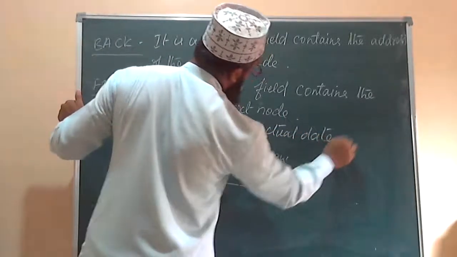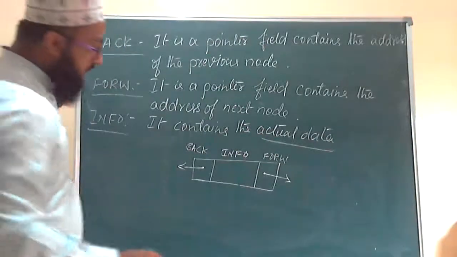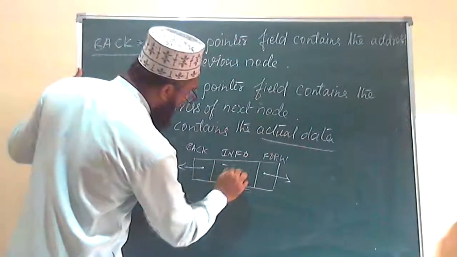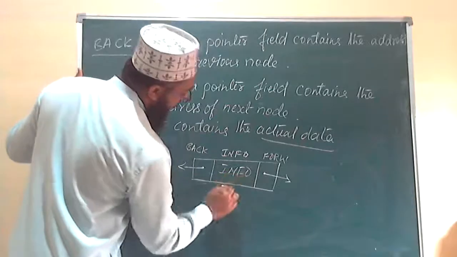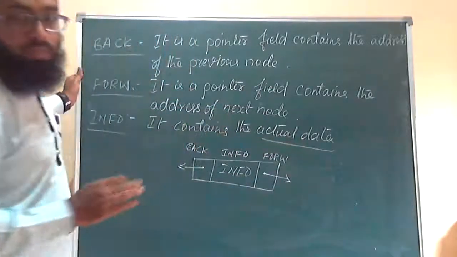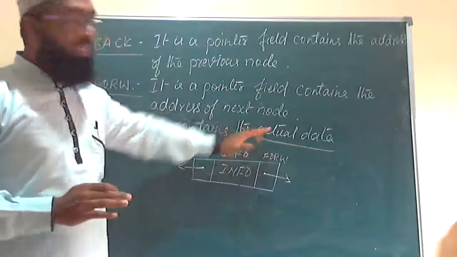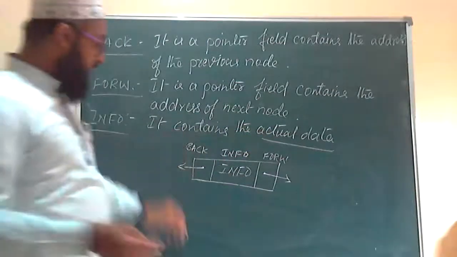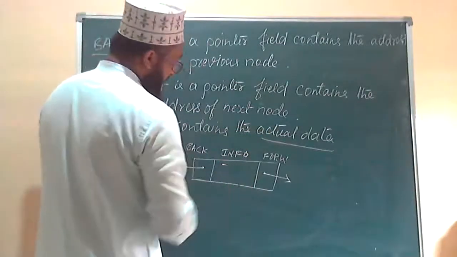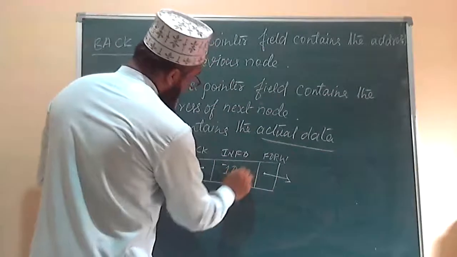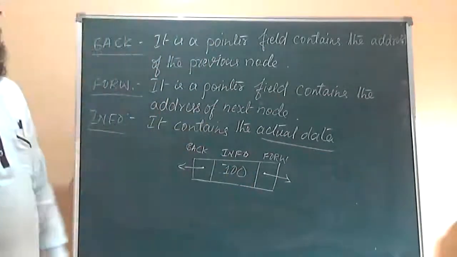What does actual data mean here? It means it contains its own data. Every node contains its own data. In the same way, the info field contains its own actual data, which may be anything.